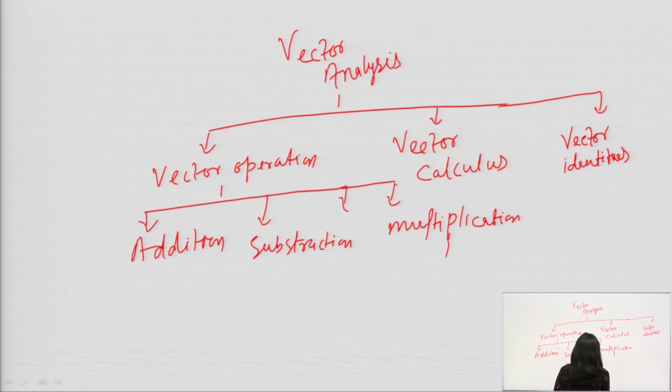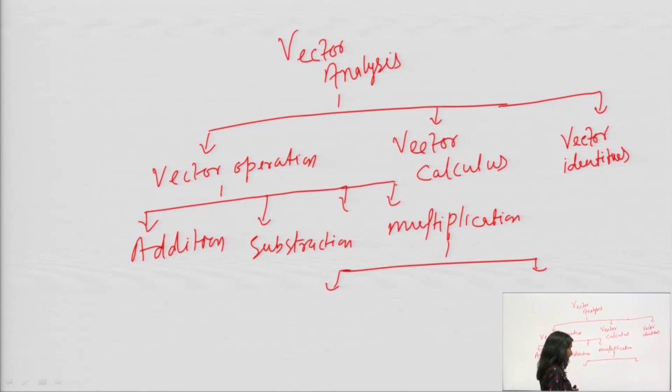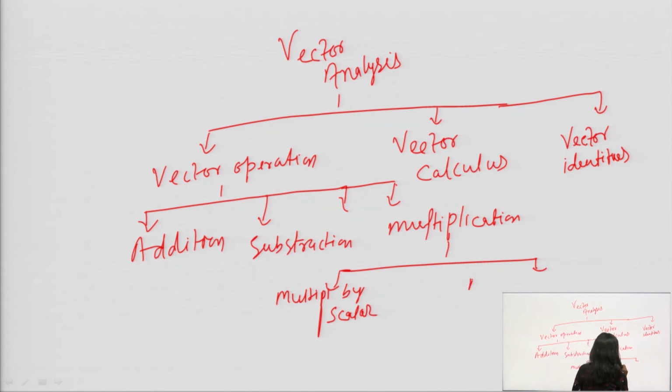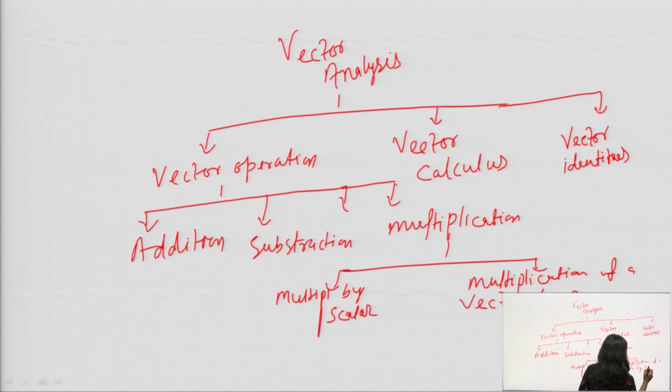Further, multiplication of a vector can be of two types, that is multiplication of a vector by a scalar, or multiplication of a vector by another vector.